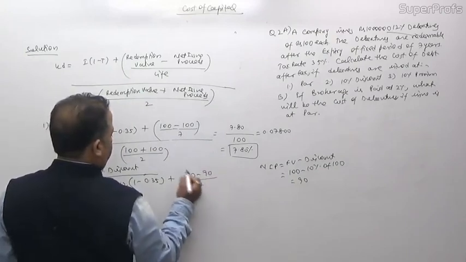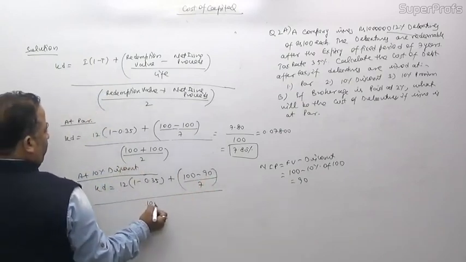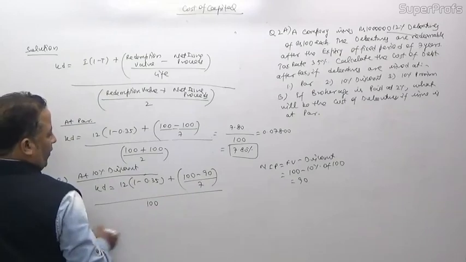Net issue proceeds is 90, divided by life 7 years, divided by 100 rupees is the redemption value.